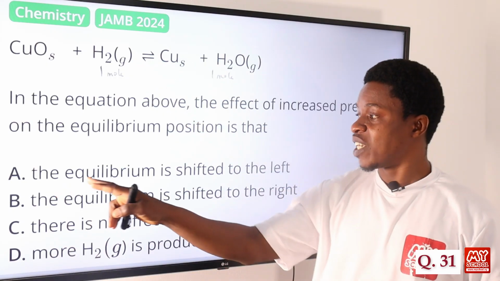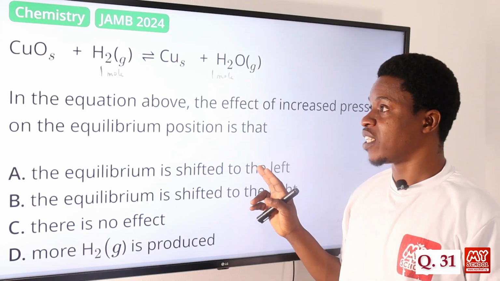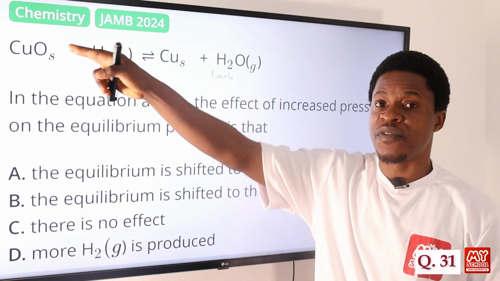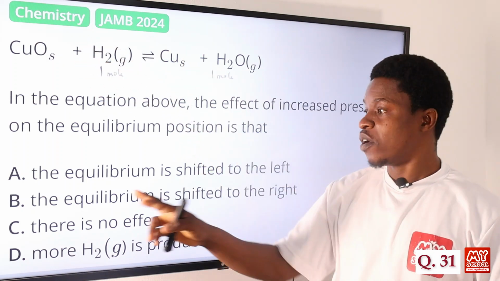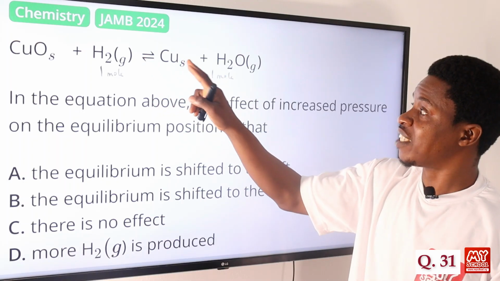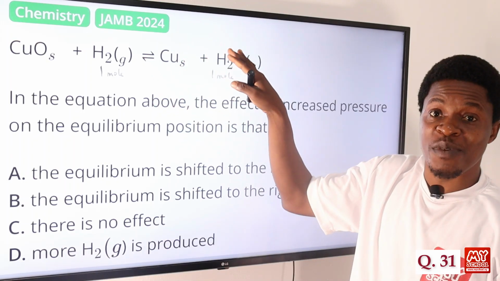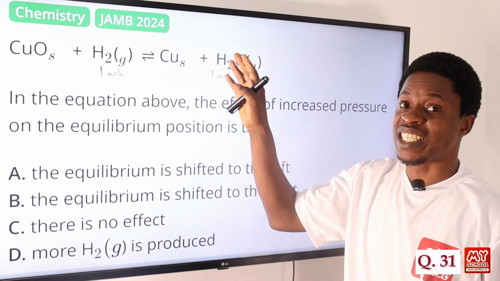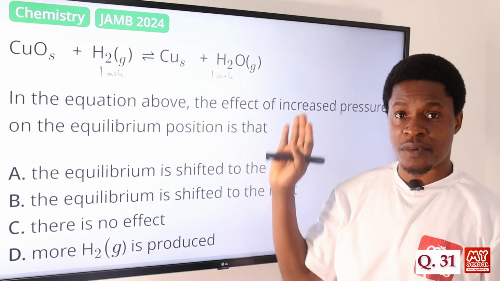Option A says the equilibrium is shifted to the left. If the equilibrium is shifted to the left, we are saying the left will be favored, so more of the reactants will be favored. No. Option B says the equilibrium is shifted to the right. If it is shifted to the right, more of the product will be formed, which means that the number of moles on the right hand side is lesser, but that is not the case.